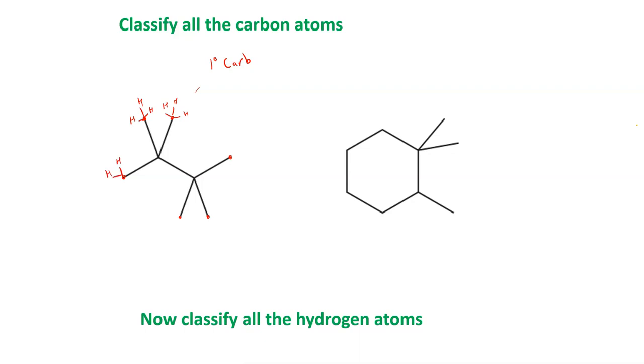Remember, that gives us our 4 bonded things, and these are all of the primary hydrogens. So the primary carbons here, and all of the outside hydrogens are primary.